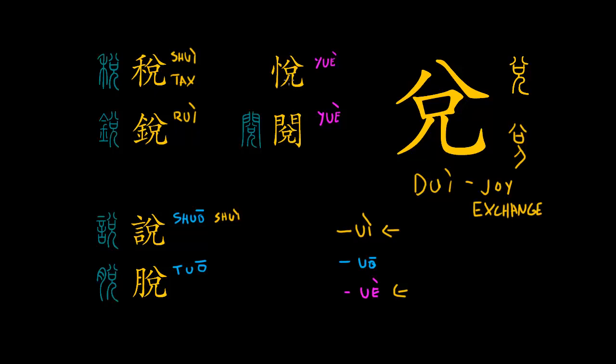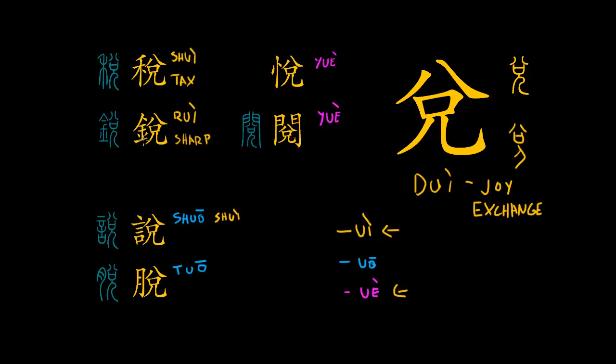And in ancient times, people used grain to pay their taxes, so it's clear why it is the semantic element in this character. The second character, its meaning is sharp. And the semantic element in it is pronounced tin, and it's a metal.